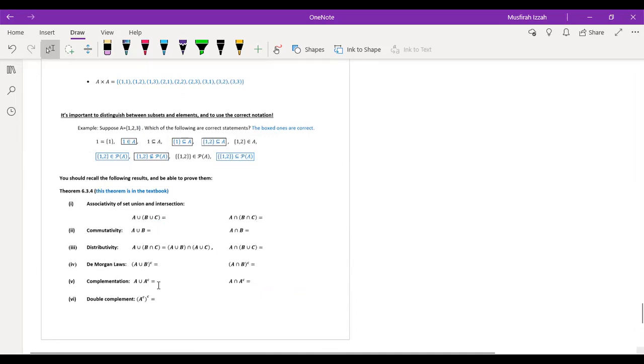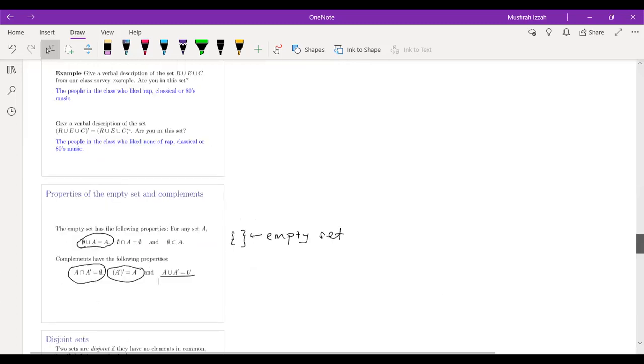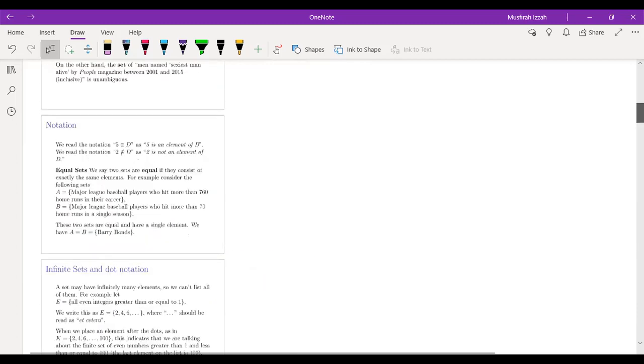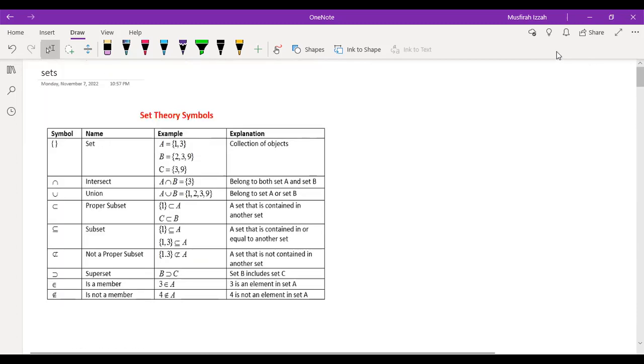Ini dia dah bagi siap-siap. Apa itu De Morgan's Law, apa itu complementation, itu je lah. Tak payah buat lah. Yang ni just theorem saja yang diberi. Okay? Boleh? Okay.